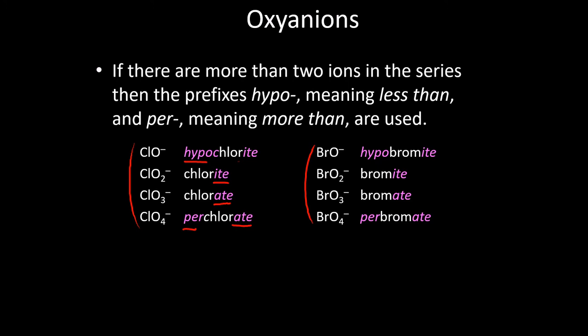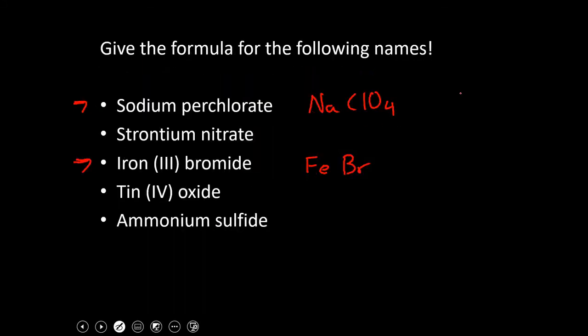I know it's confusing. All the names are very, very similar. But bromite with a T is this. Bromide with a D, that just means you have bromine. It's just a plain old bromine. And so because we have iron 3, that means the iron has a charge of +3. Each bromine is -1, which means we need 3 of those. So that would be iron 3 bromide.